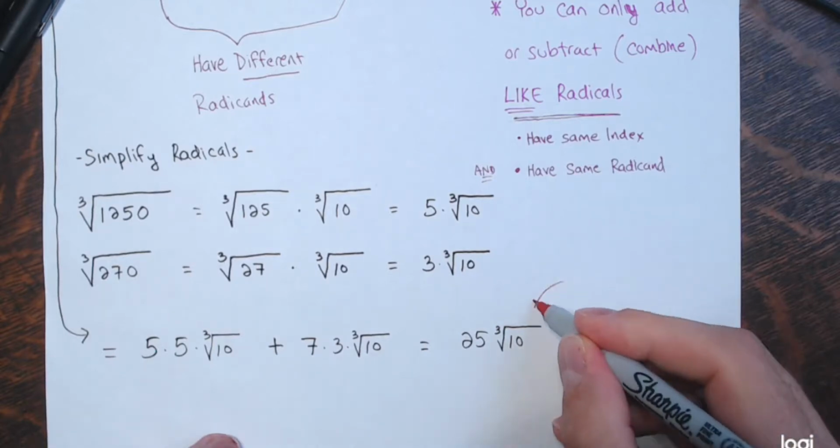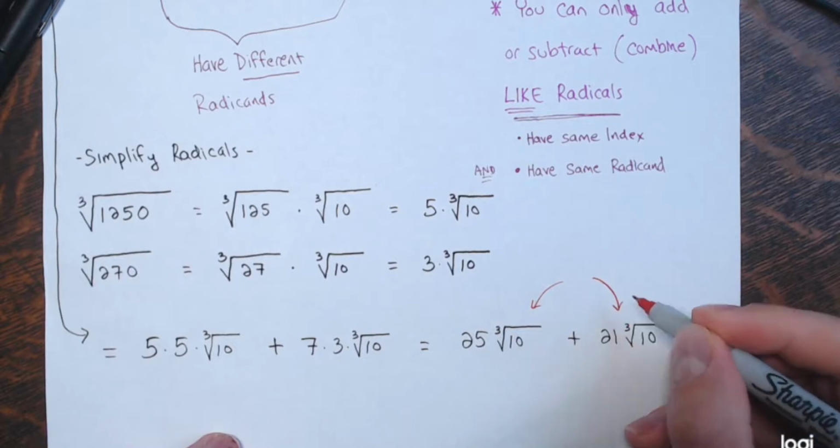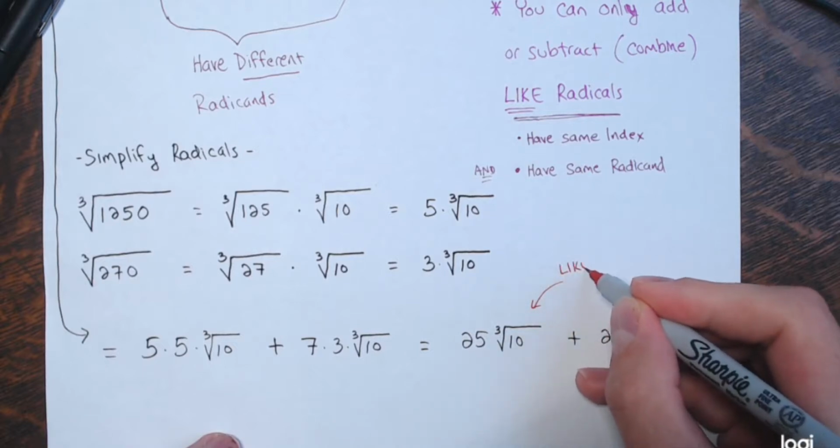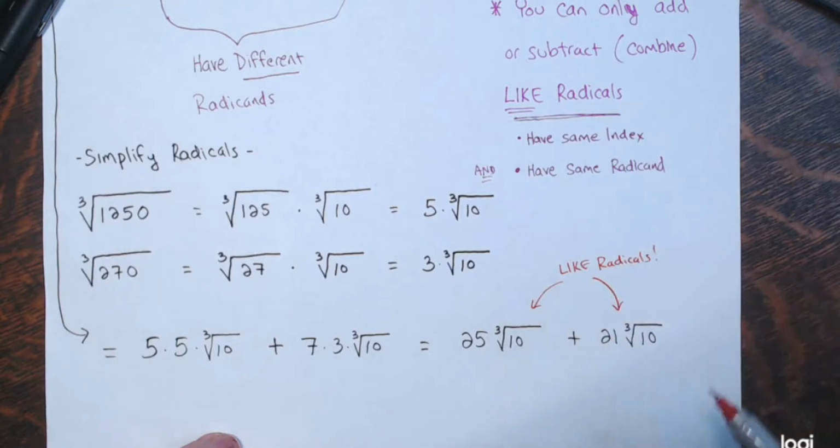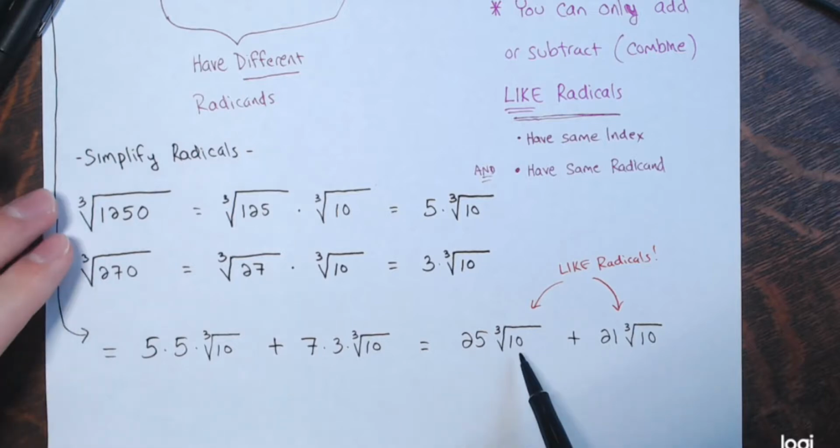So these terms here are like radicals, meaning I can combine them. And it's just like combining like terms. It's just like having 25x plus 21x, where instead of x, you have this cube root of 10. Remember, 25x plus 21x would be 46x. You could also think about it as factoring out a common factor, right?